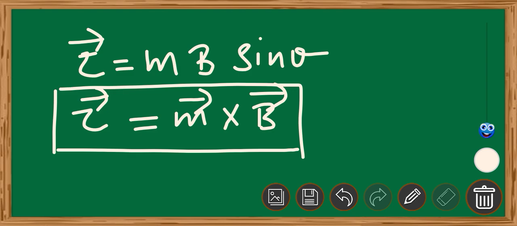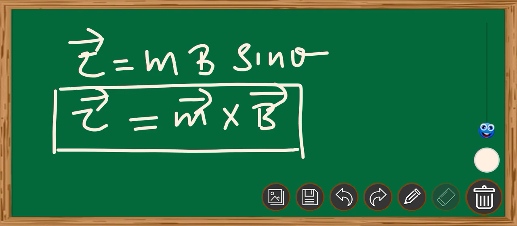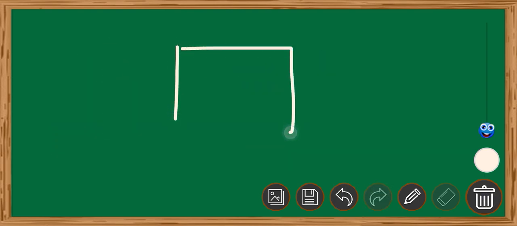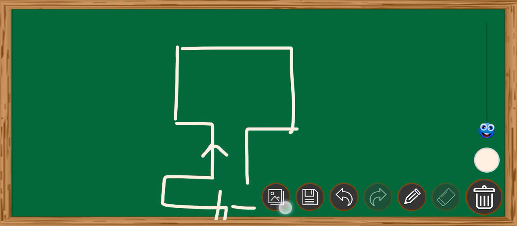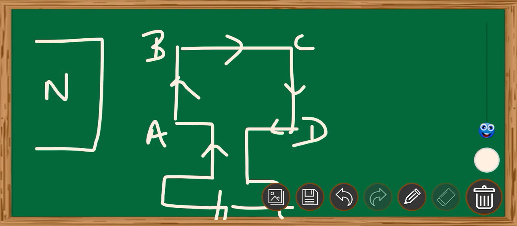Recollect the case of the electrostatic field: there the torque is P cross E. Here it is M cross B. So what we discussed here: we have a current carrying loop ABCD placed in between the north and south pole.